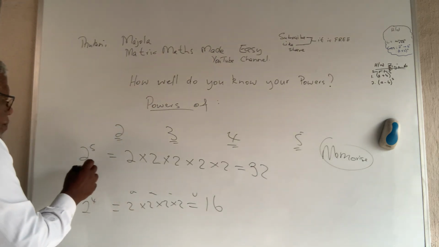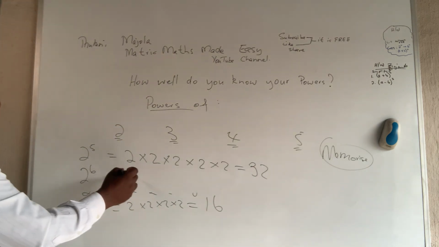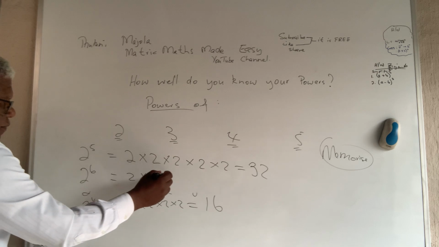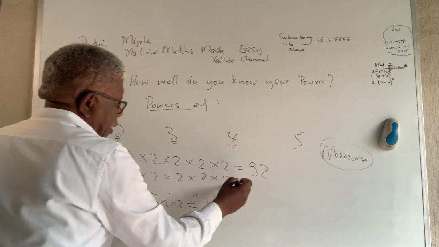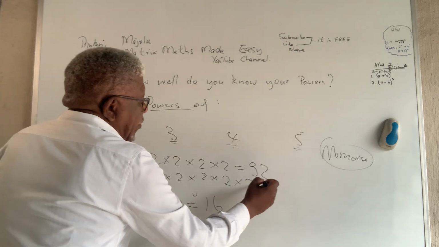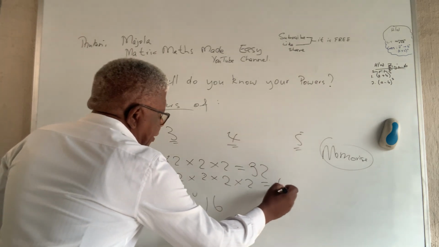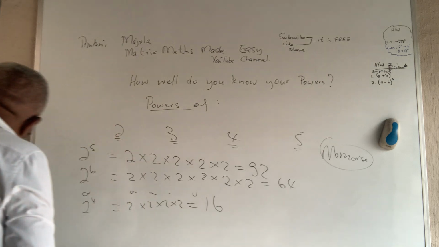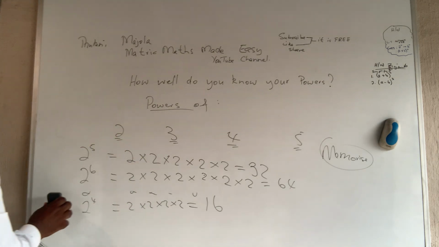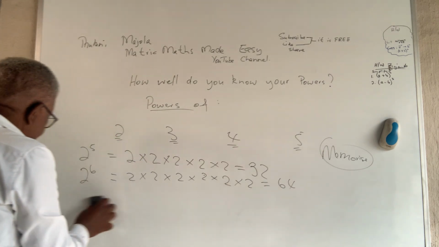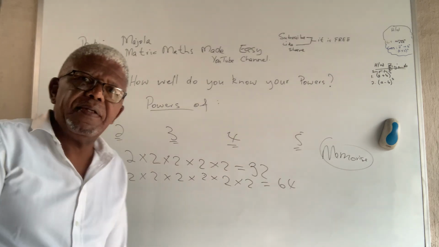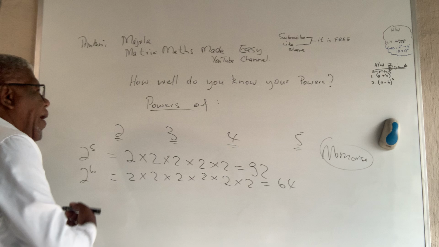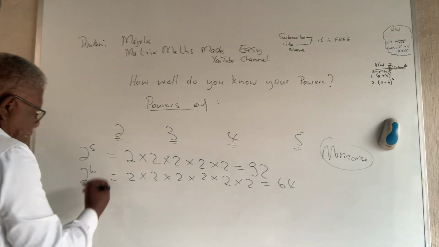Then 2 to the power of 6 is 2 multiplied by itself 6 times, which is 32 times 2, which is 64. Now 2 to the power of 7, I don't need you to remember it. But these other ones you must know.